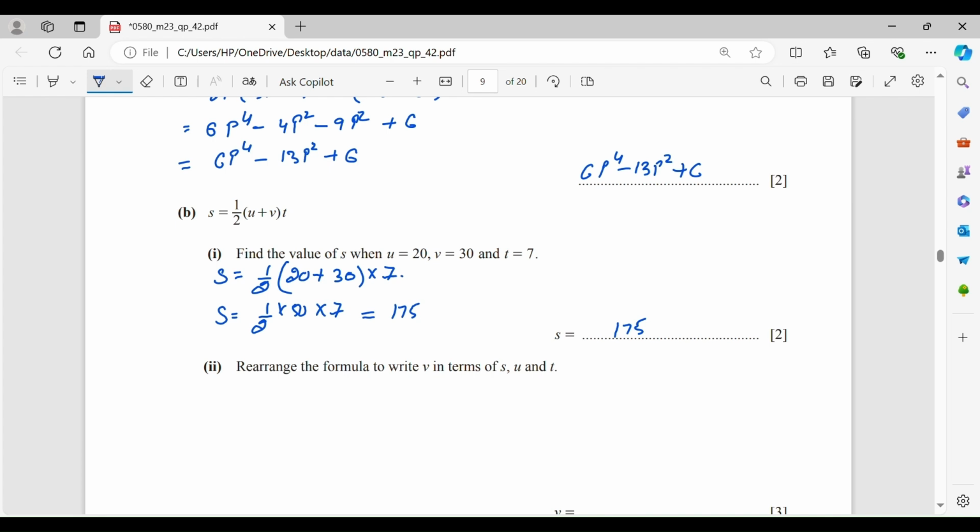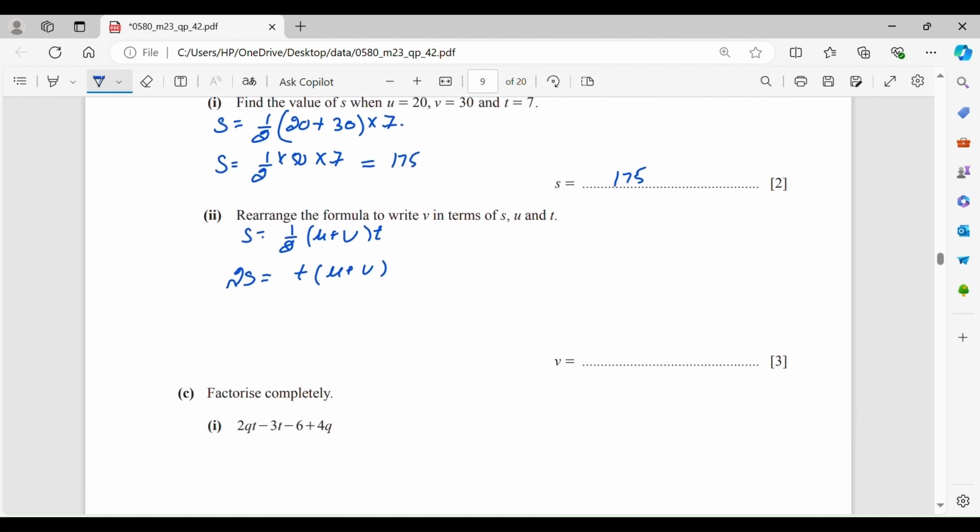We need to make V the subject. So S is equal to 1 by 2 (U plus V) into T. So 2S will be equal to T bracket U plus V, right?